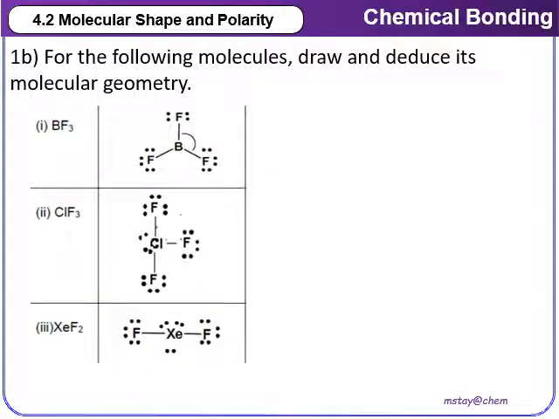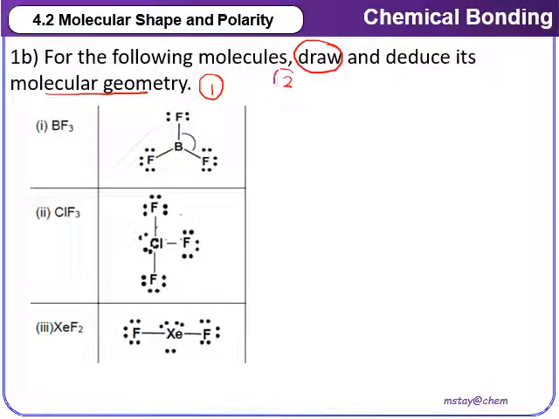Now, let's proceed to tutorial question 1B. For the following molecule, draw the Lewis structure and deduce the molecular geometry. We consider that every one of you already knows how to draw the Lewis structure, so we continue with step number 2. This is step number 1: draw the Lewis structure.